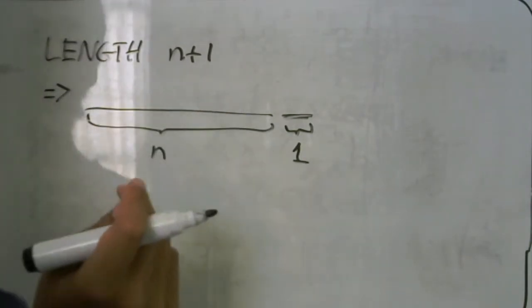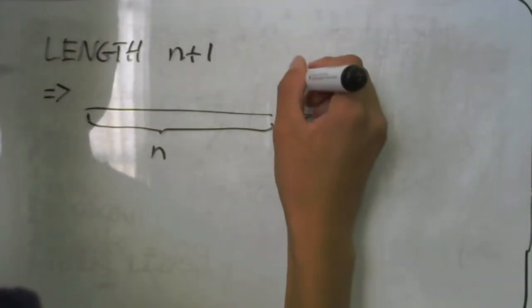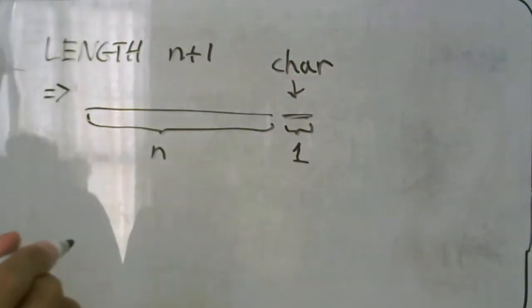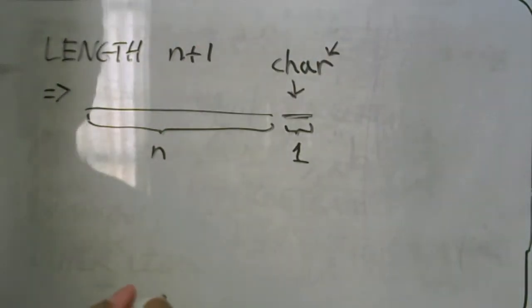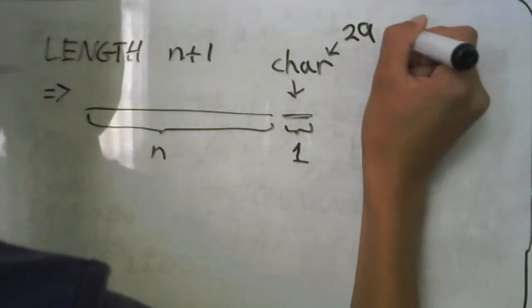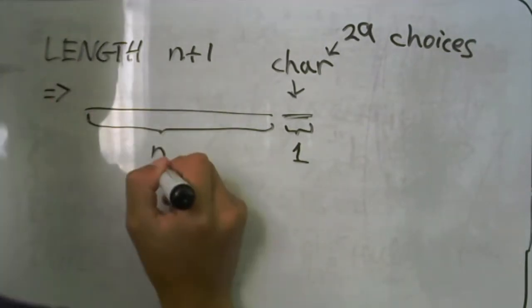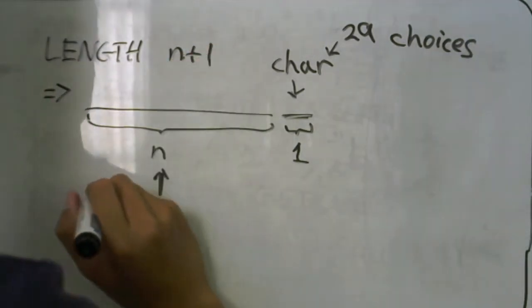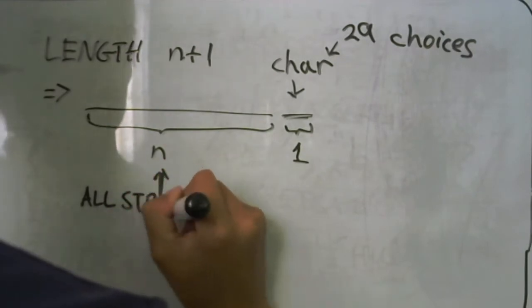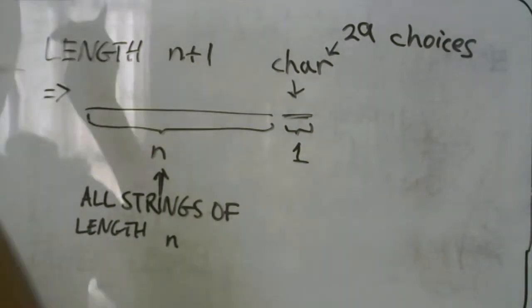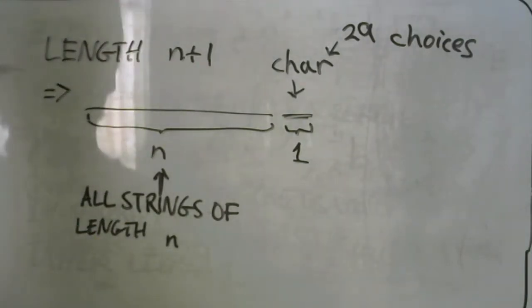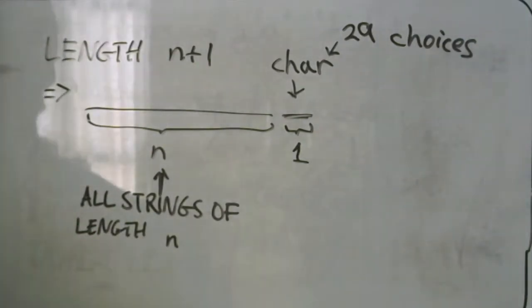Every string of length n plus 1 has a prefix of length n, so it is composed of first a string of length n, and then a string of length 1. Well, strings of length 1 are just all the characters put into a string. So this means that if we take all possible strings of length n and on the end put all possible characters, then we would create all possible strings of length n plus 1.